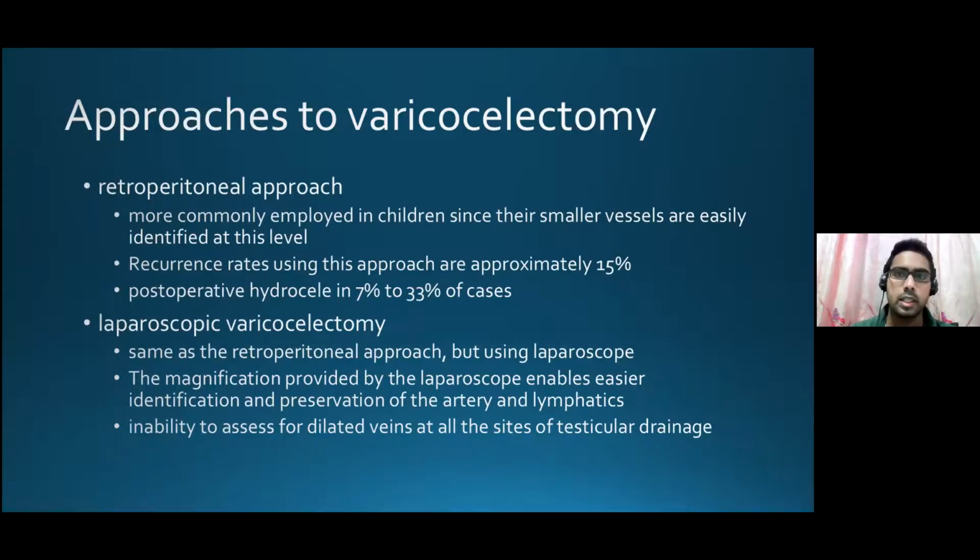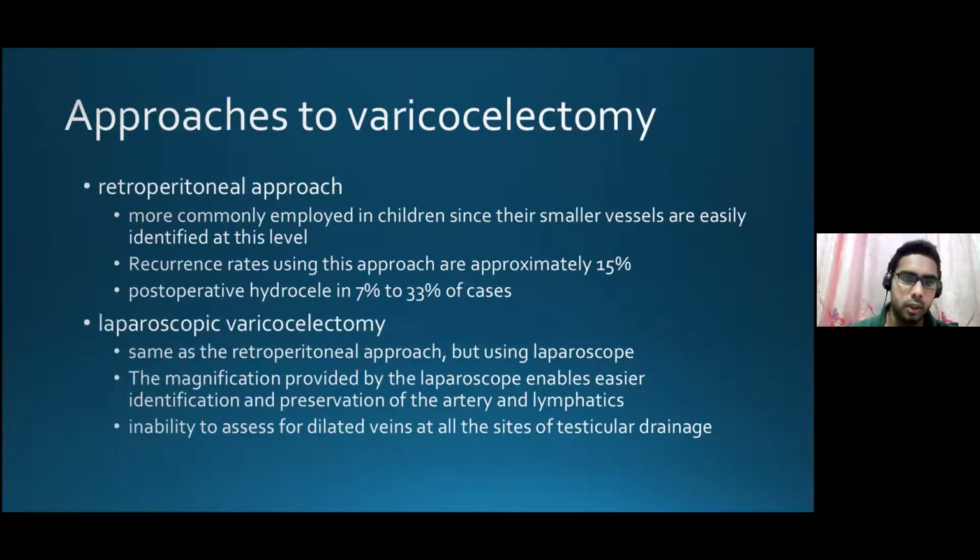Then laparoscopic varicocelectomy can be considered as a kind of evolution of this retroperitoneal approach. Here we use a laparoscope and transperitoneal approach, and we identify the testicular vein when it exits into the peritoneum through the internal inguinal ring, and then ligate it there.